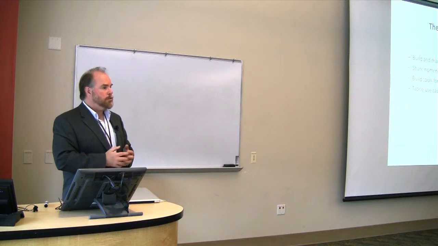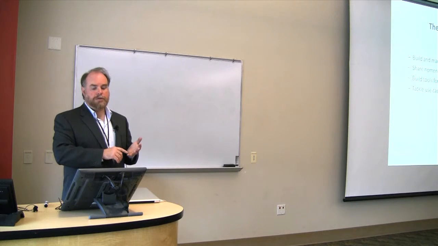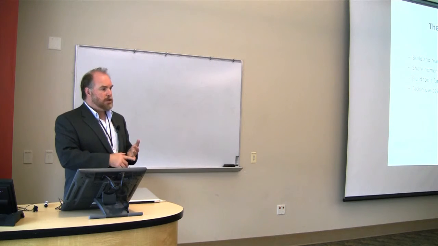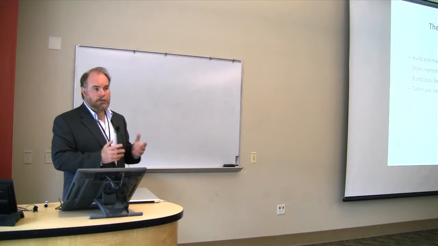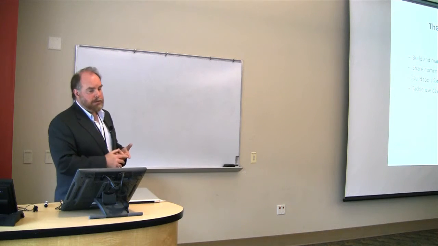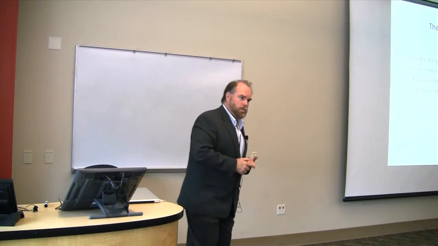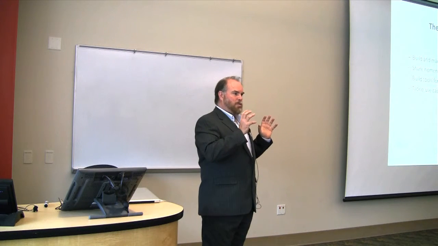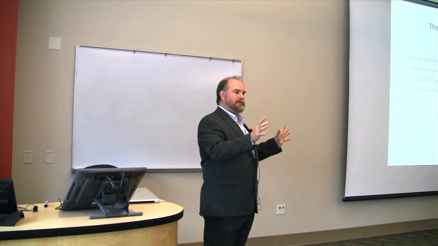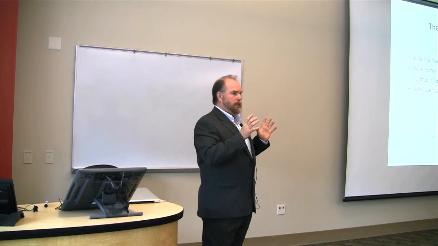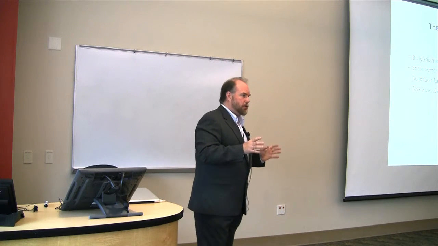We want to improve the way we share nomenclatural and biodiversity data with the global community, and we want to build tools for revisionary systematics. We want to hear what you folks as taxonomists need, and then we figure out a way to build it for you.